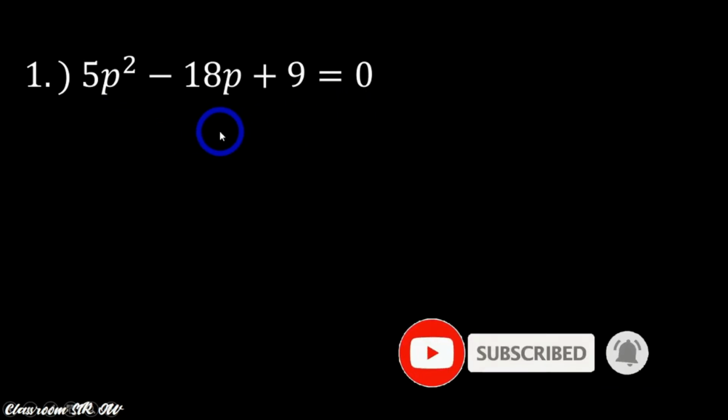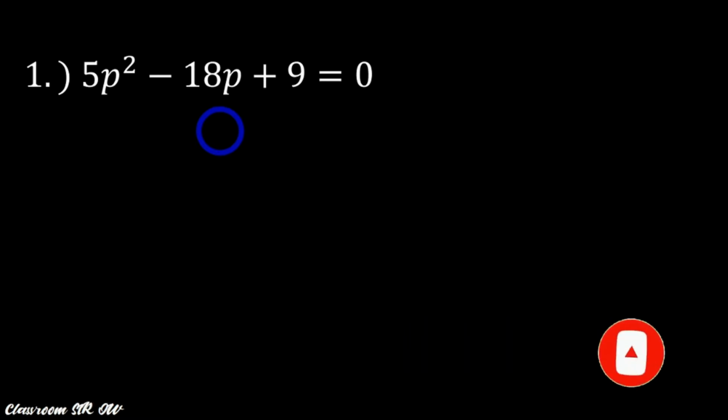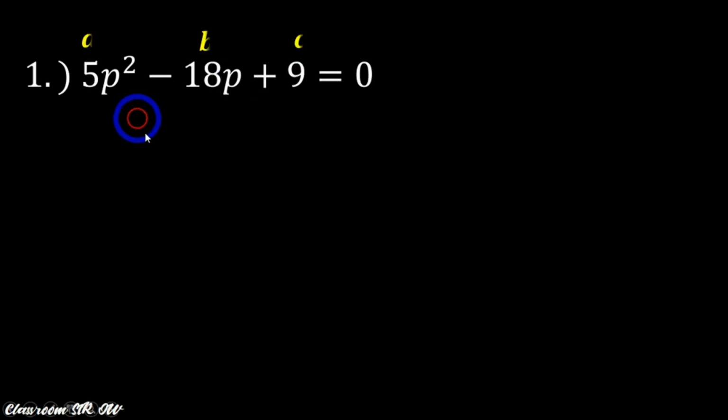Now, if you can still recall the standard form of the quadratic equation, 5, negative 18, and 9 are the values of a, b, and c. What is the purpose of recalling your knowledge with regards to the values of a, b, and c in the standard quadratic equation?